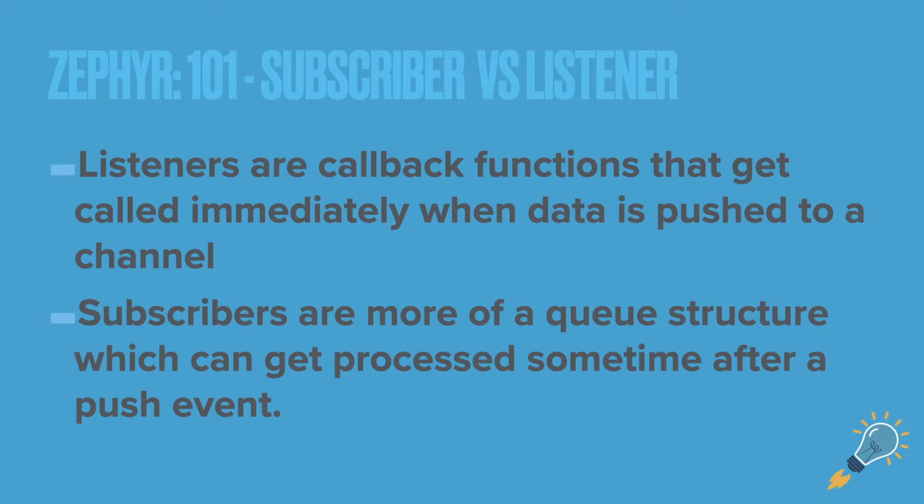If you have a bunch of events at the same time with subscribers, you can set a limit of how many events you want to be able to queue at the same time. The functionality of a subscriber is more like, hey, I had an event happen, let's check it.